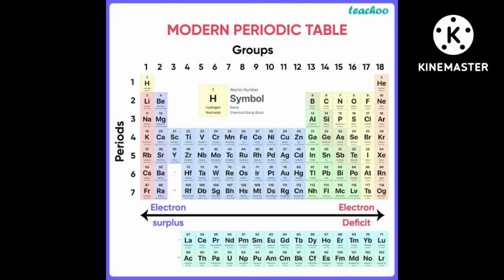This is the main difference between the Mendeleev and the modern periodic table. Now again a question arises: why has atomic number been considered in the modern periodic table?